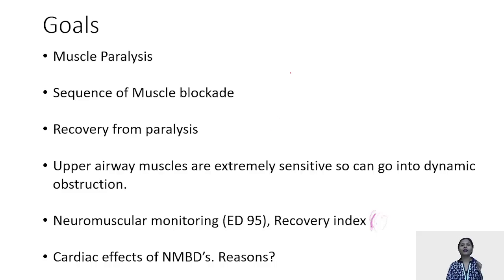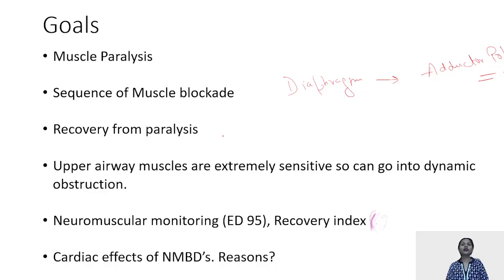That is why the diaphragm muscles are the very first muscles that get paralyzed. Eventually, the last muscles to get paralyzed are your limb muscles or adductor pollicis muscles. This is how they get paralyzed.